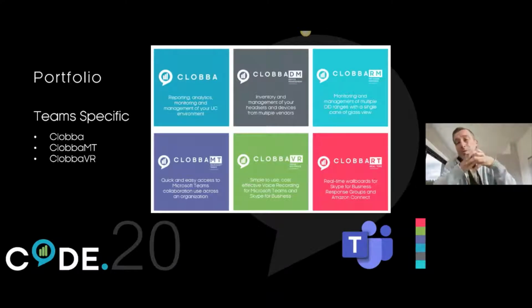So Clobba was actually released back in the summer of last year. It superseded our previous product, a product called Use Analytics. We designed and developed the solution, obviously consulting with our existing customers, to ask how they were using the reporting available with Use Analytics.